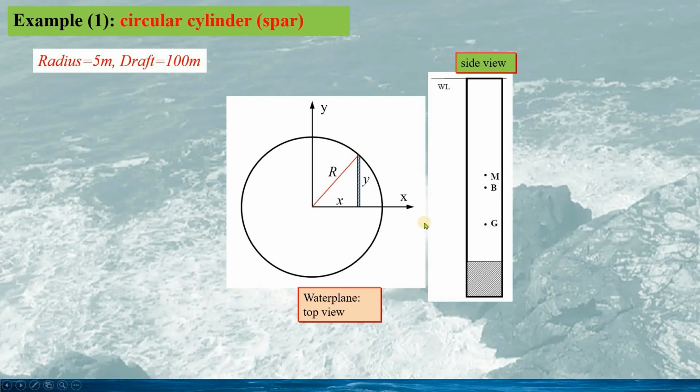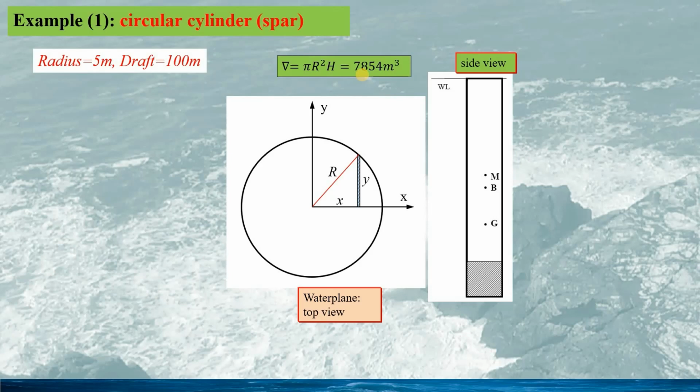The floating spar has a relatively small water plane area. In this case, we consider the radius of the spar is 5 meters, and the draft is 100 meters. So we can calculate the displacement simply given as this.